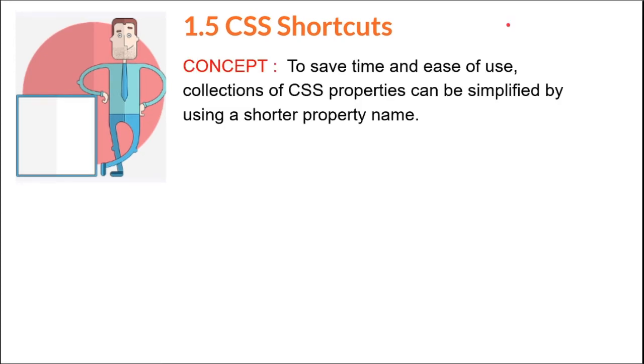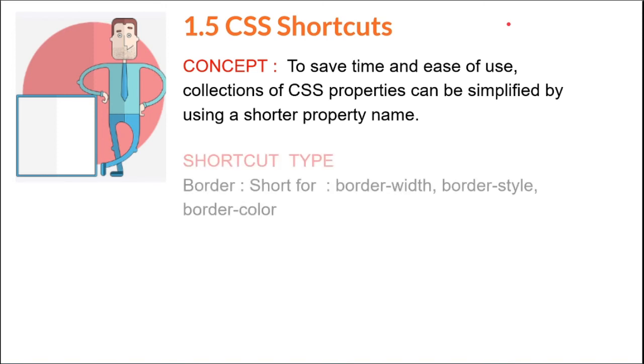Okay, CSS shortcuts. The concept here is to save time and for ease of use. Collections of CSS properties can be simplified by using a shorter property name. For example, in the shortcut for border, we can have border: short for border width, border style, border color.